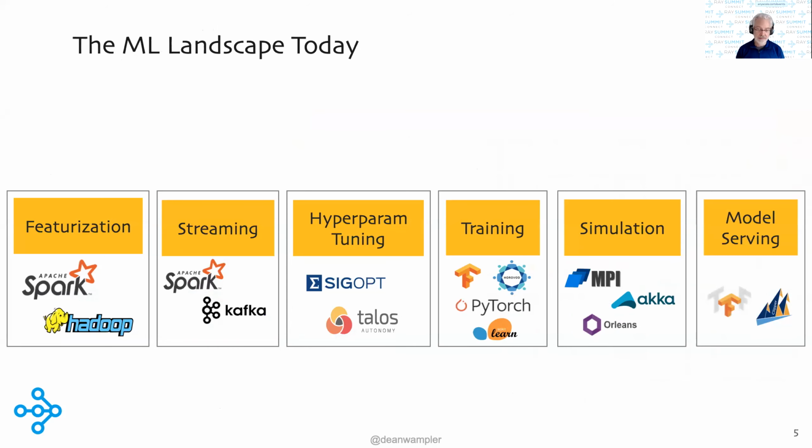Here's a list of typical tasks or choices you make when you're building machine learning or AI algorithms and systems. Everything from ETL on the left and turning your data into features to stream processing because you might have latency requirements to score data fairly quickly or update models. You're training on the fly.